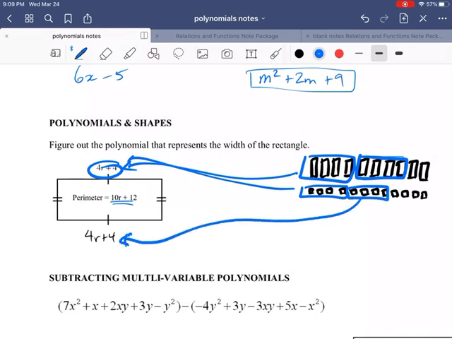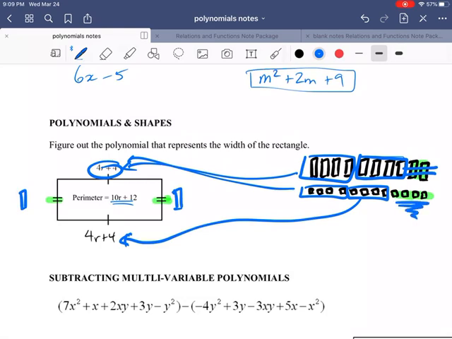So that leaves us with 2r plus 4 for these two sides. Well, we have to do them evenly. So if we take this r and put it on this side, and we take this r value and put it there, those are now accounted for.